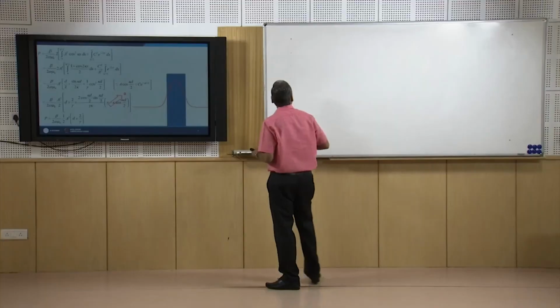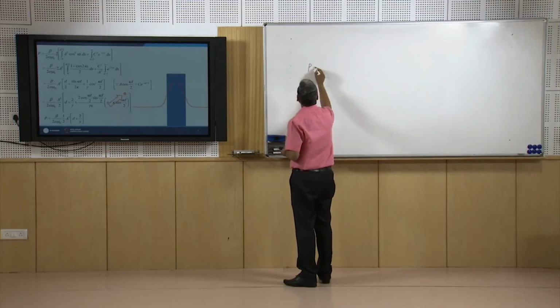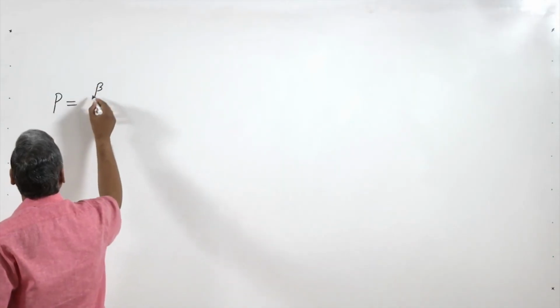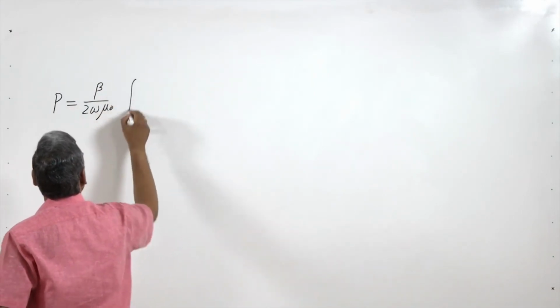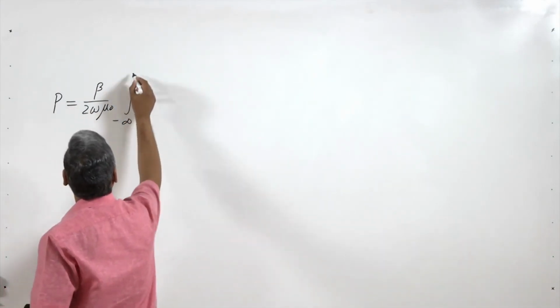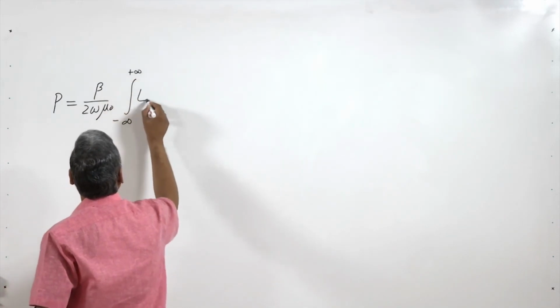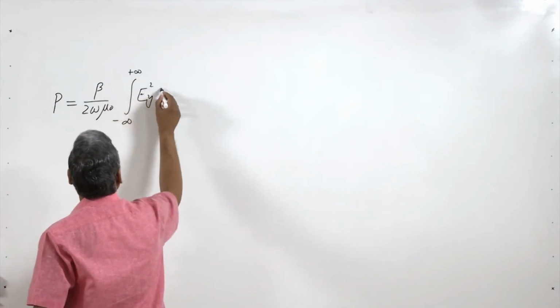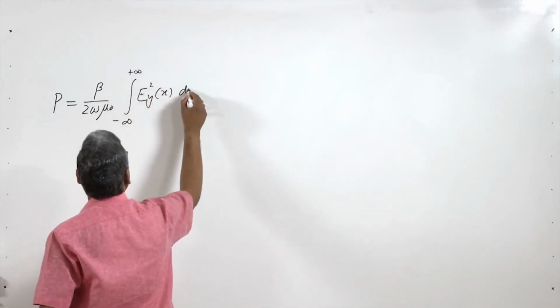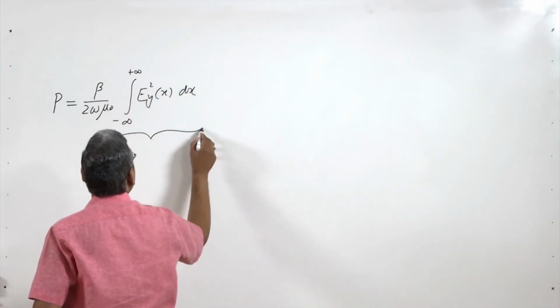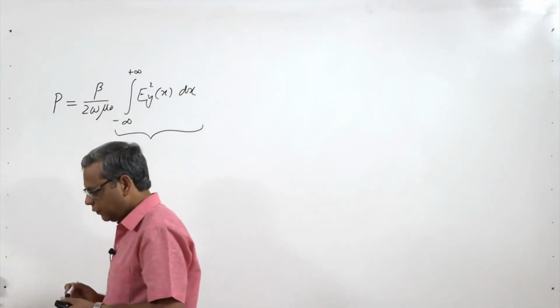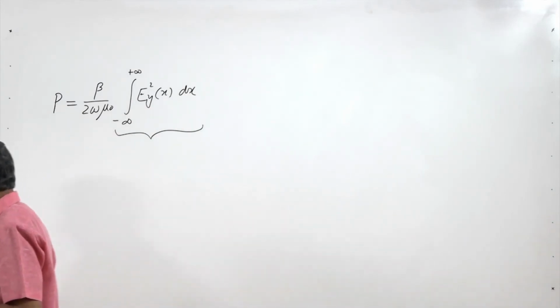So, P is beta over 2 omega mu naught, integral from minus infinity to plus infinity of E y square of x dx. So, if I find out the area under this E y square curve, then let us see what do I get.